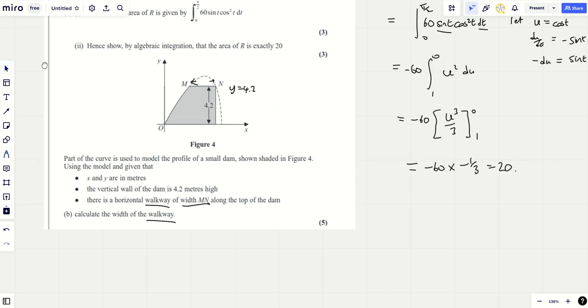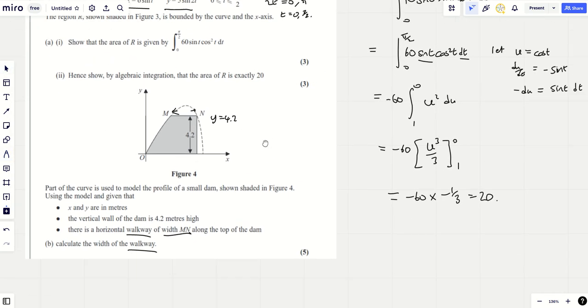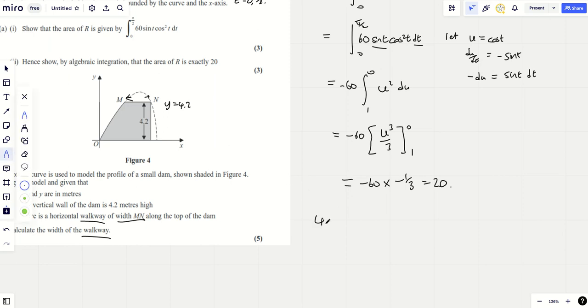So I'm going to have to use my parametric equations and set y equal to 4.2, and find the corresponding values for t. That's going to give me 2t equals essentially a number very close to 1. I haven't actually got my calculator with me, so that's going to make things difficult.